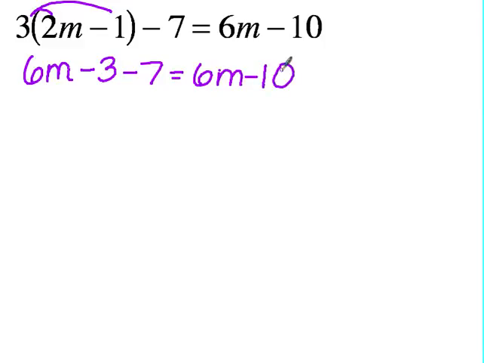So if you remember back to the previous problem, we looked for like terms, things we could add together. Do we have anything we can add together here? The negative 3 and the negative 7. What is negative 3 and negative 7? Negative 10. Good.